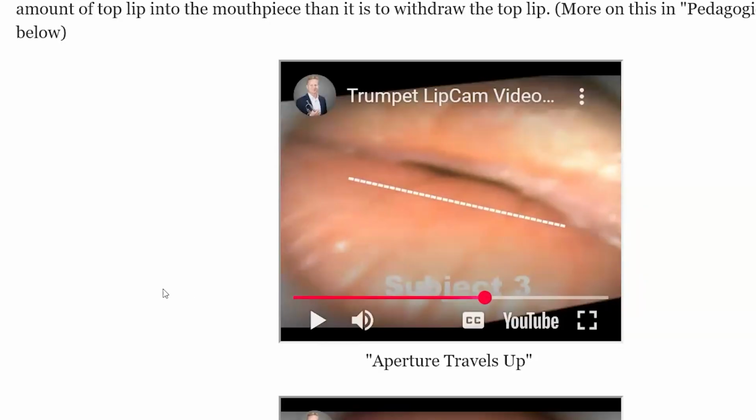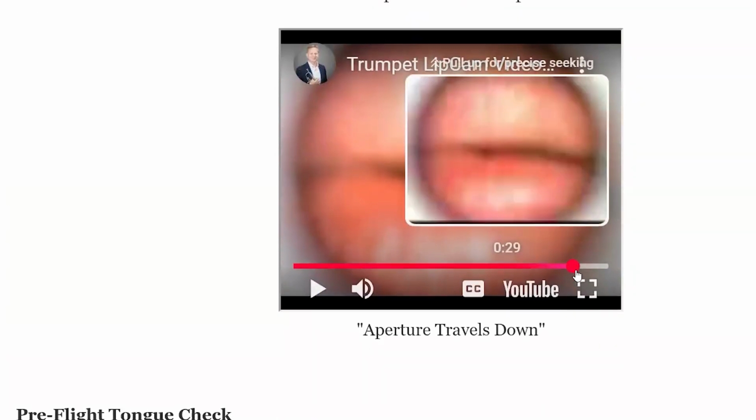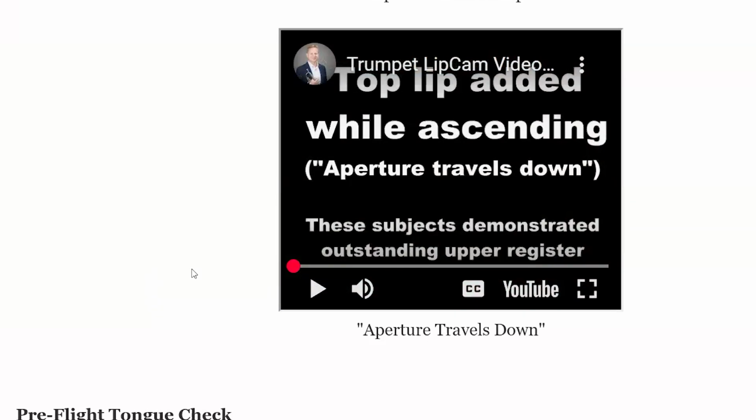So these players, the aperture is traveling up as a general rule. Students and professionals who I've observed in the LipCam, when the aperture travels up, they tend to struggle more with range. Below, I'm going to show you some videos of people playing who had outstanding upper register and their aperture travels down.